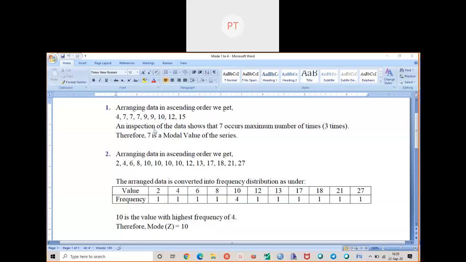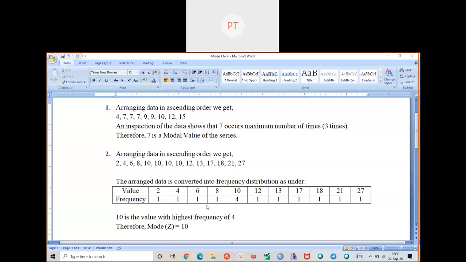So what is mode actually? Mode is something which has got the maximum frequency. Mode is any value which has the maximum frequency. If we just recollect what mean was, mean was actually the average, the sum total of all the observations divided by the number of observations.